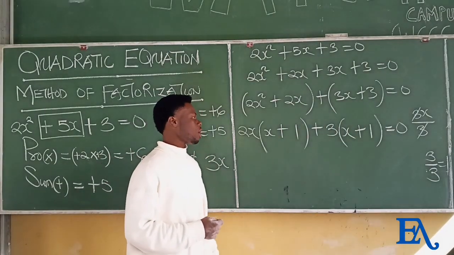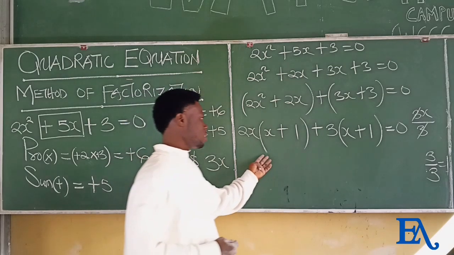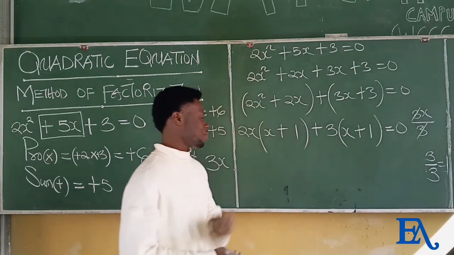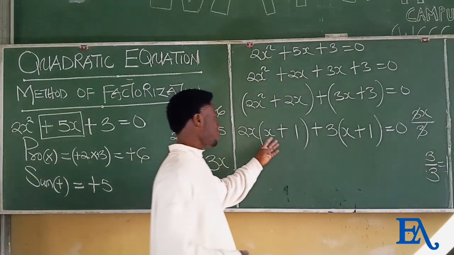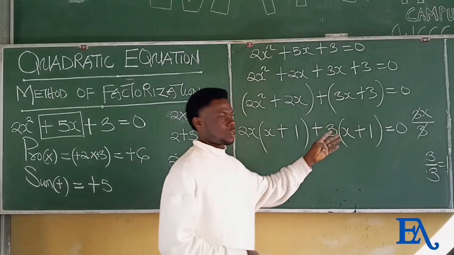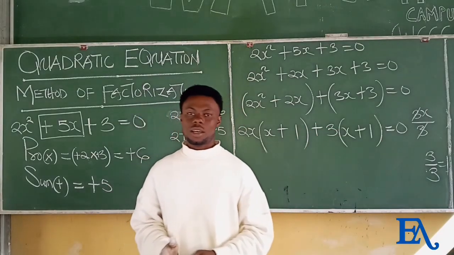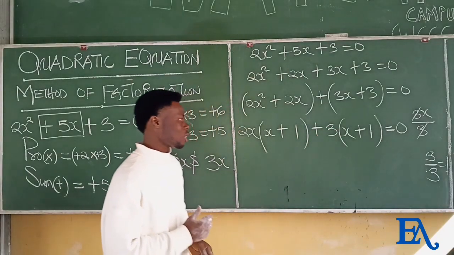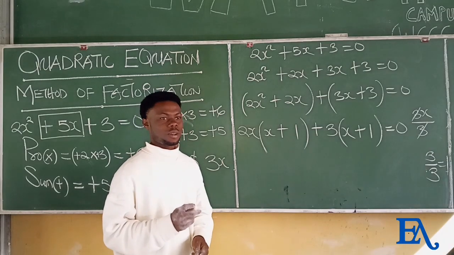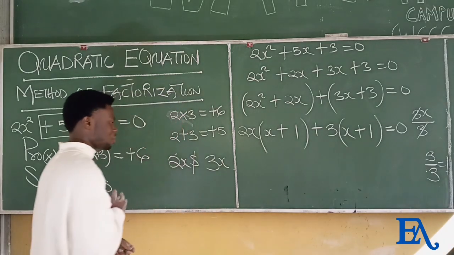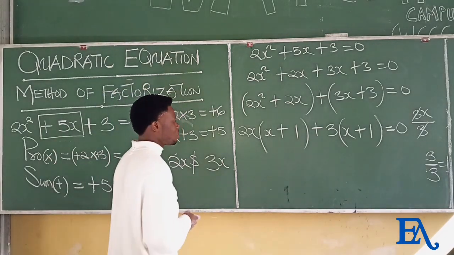At this point, we observe that the two parentheses in step number 3 are the same. We have x plus 1, x plus 1. If you get to this stage and your parentheses are not the same, there is an error. Go back from the beginning and check. Alright, let's proceed.